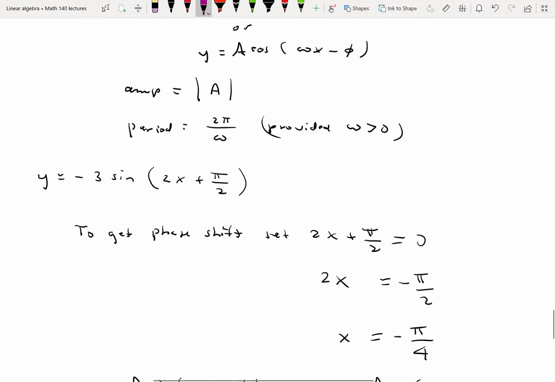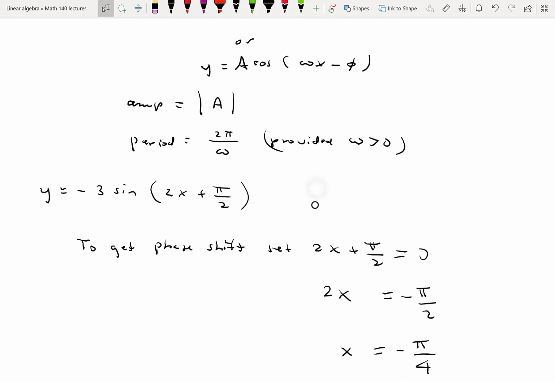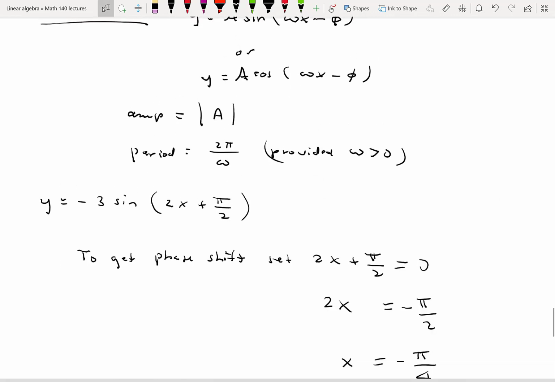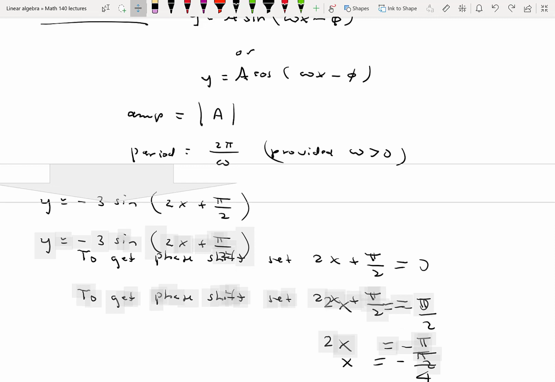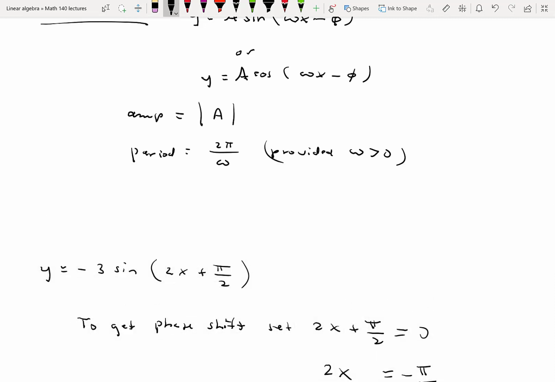Okay? So amplitude is the absolute value of A, period is 2 pi over omega, provided omega is greater than 0, and phase shift, which could be negative, is equal to phi over omega.